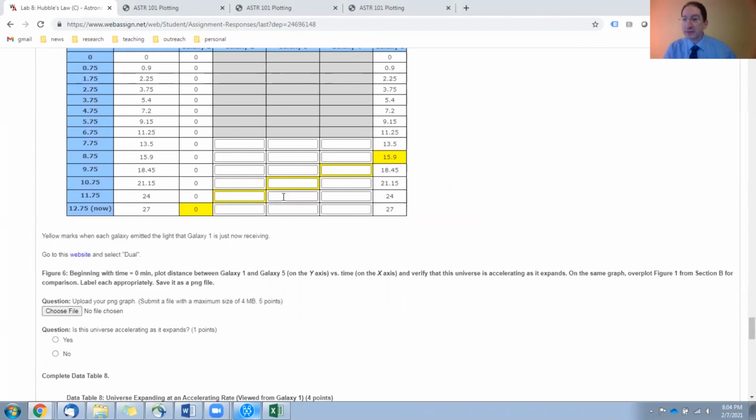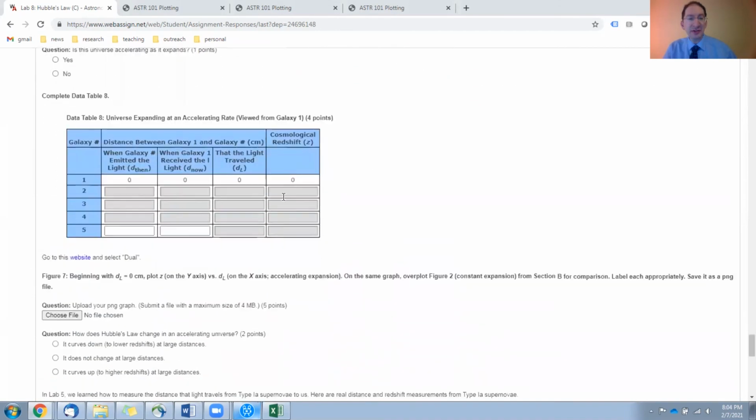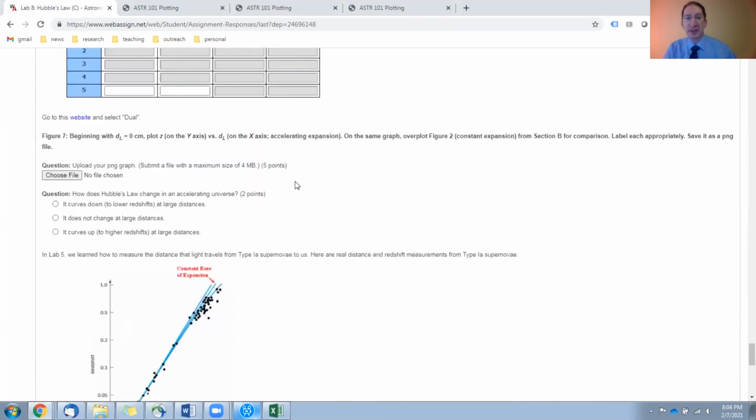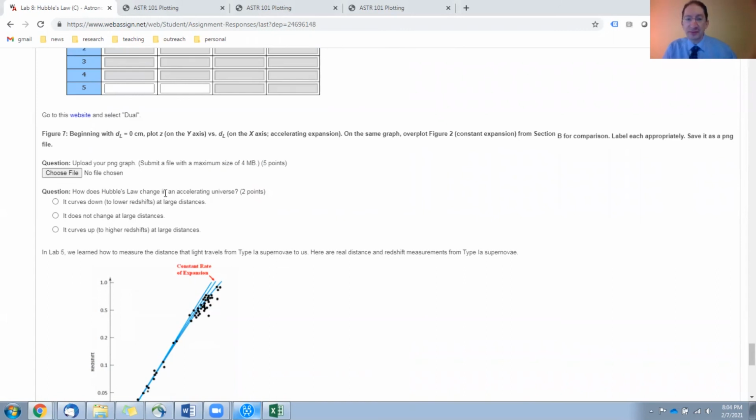And then you'll take your d-thens and d-nows and move them down to this table and calculate the luminosity distances and the cosmological redshifts, and go back to the graphing website and plot Hubble's law in an accelerating universe. And again, you'll overplot Hubble's law in a constantly expanding universe for comparison. You'll save that, upload it to WebAssign here, and it asks you how Hubble's law changes in an accelerating universe.